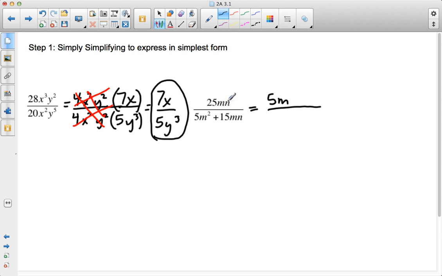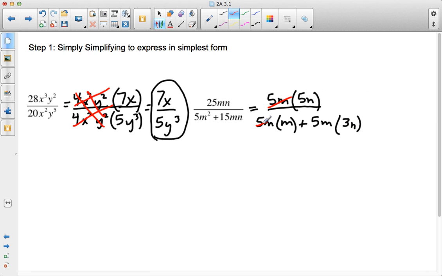So if I factor out a 5m from 25mn, I'm left with 5n. If I factor out a 5m from 5m squared, I'm left with m. And if I factor out a 5m from 15mn, I'm left with 3n.